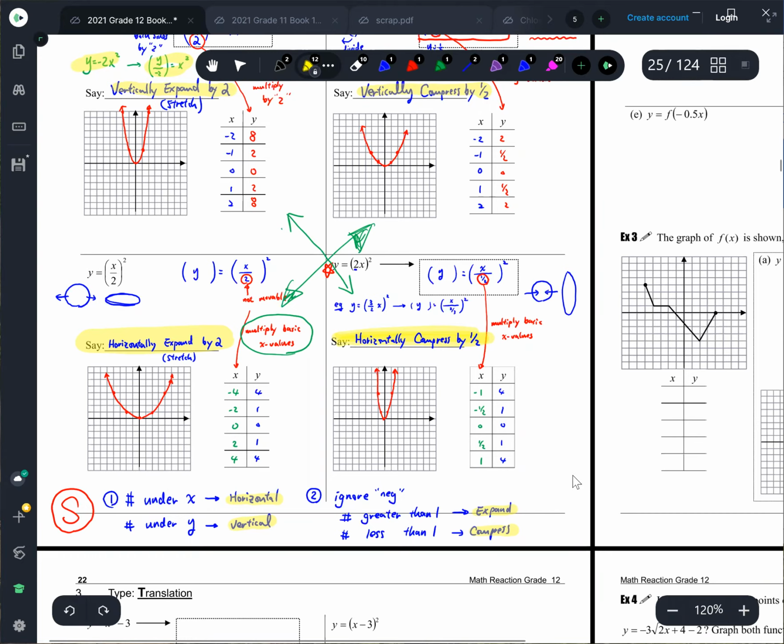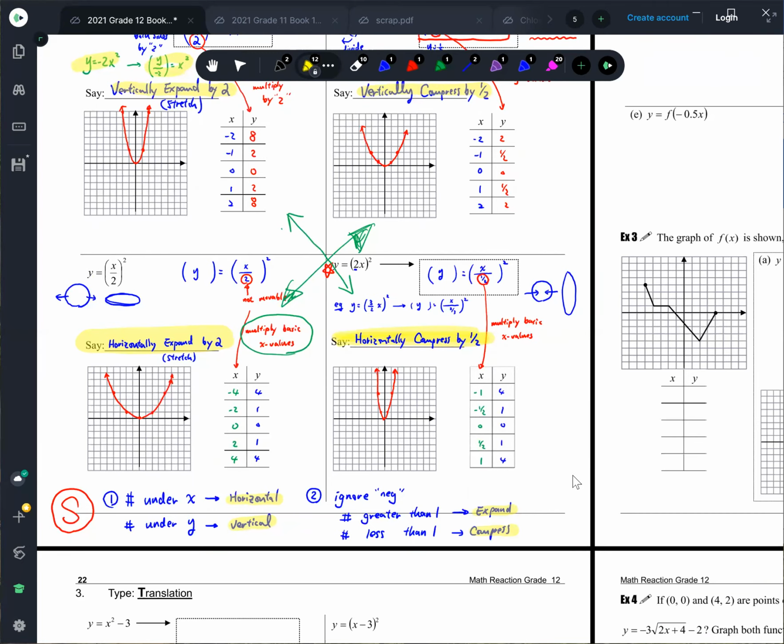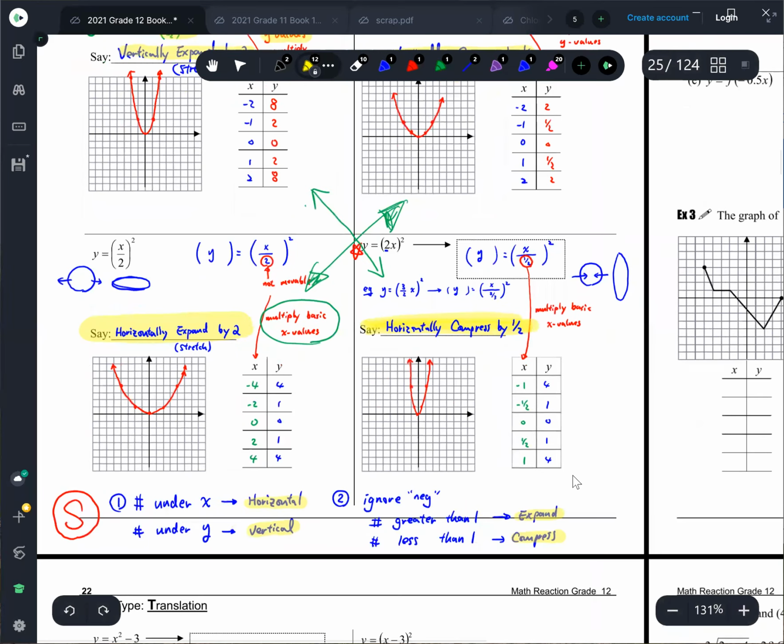Number under X, horizontal. Number under Y, vertical. Number greater than 1, expand. Number less than 1, compress. Because when you times it by 1, no change. So 1 is like the border of getting bigger or getting smaller. Okay, Jenny, are you done writing? Almost.